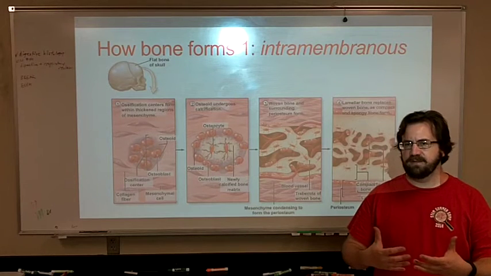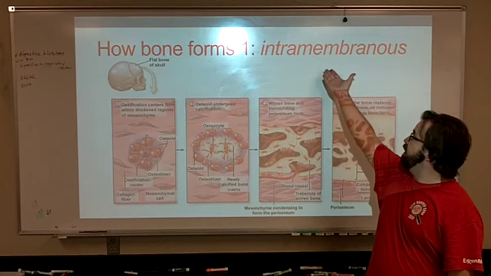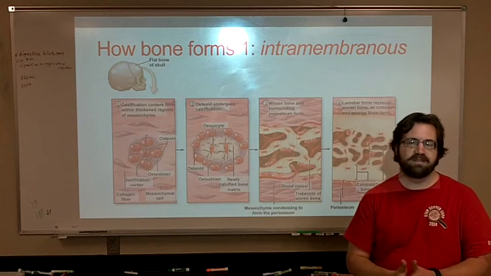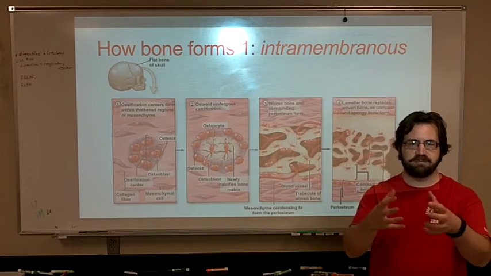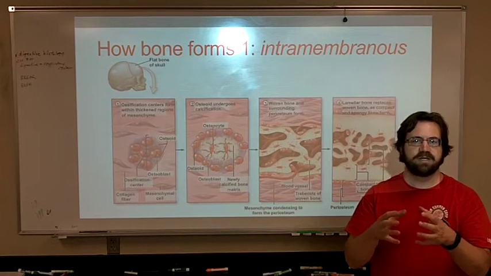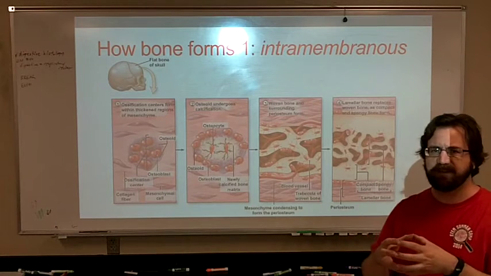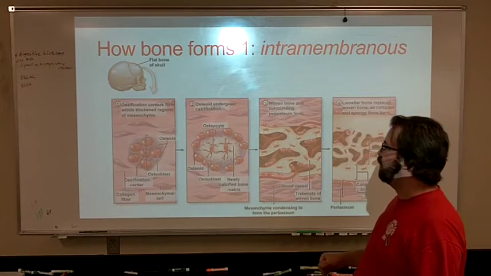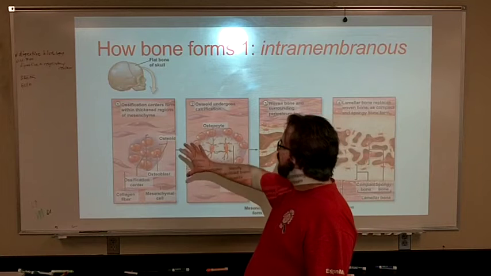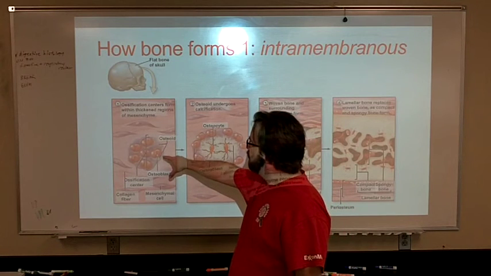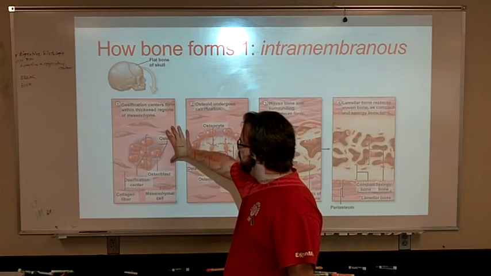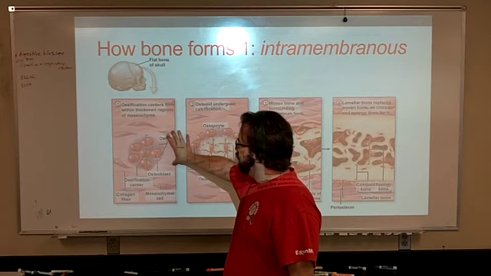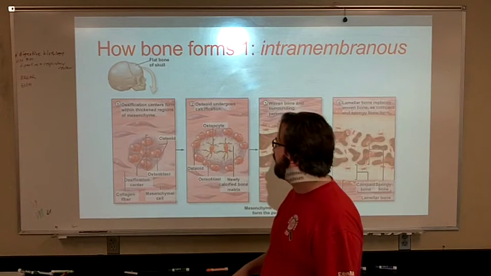So the first kind of bone we're going to talk about is inside a membrane. The bone originally forms as a membrane of tissue, and we're going to form a bone inside that membrane. So what happens is that the ossification centers form within this thickened membrane, also known as mesenchyme.